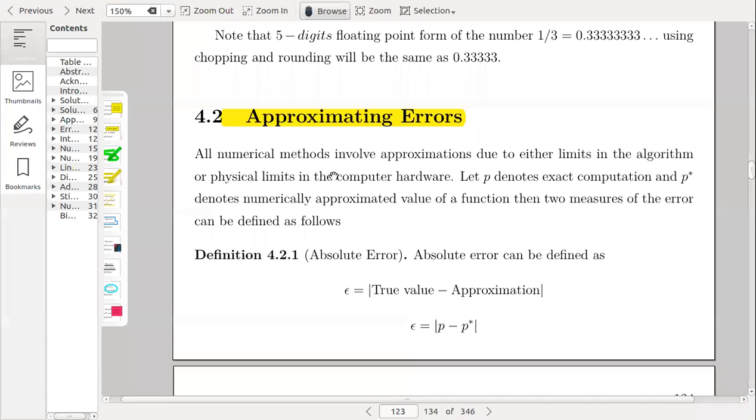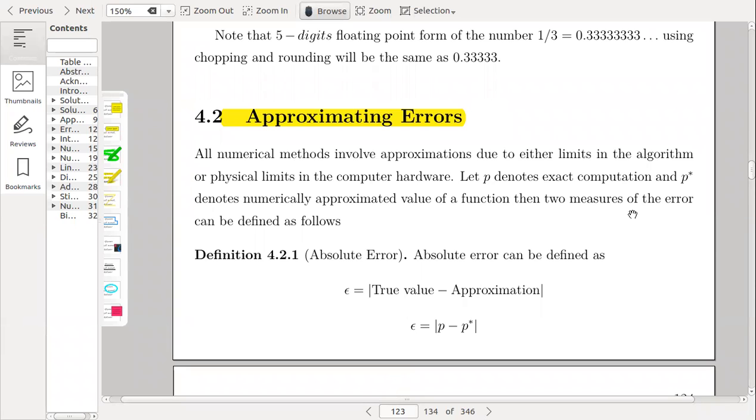It means we have numerical methods, and these numerical methods involve approximations due to either limits in the algorithm, it means software, and limits in computer hardware. Let P denote the exact computation and P star denote the numerical approximated value of a function.